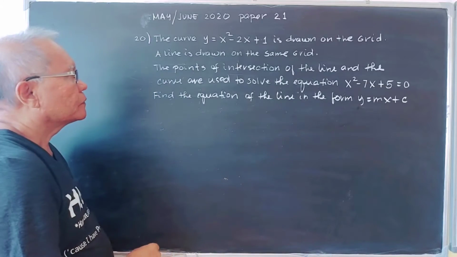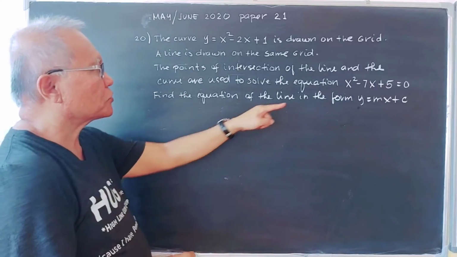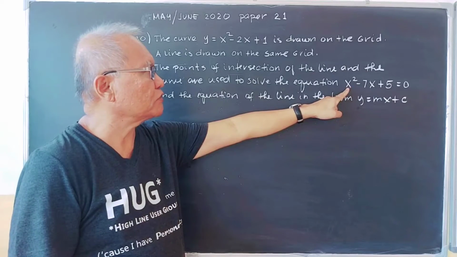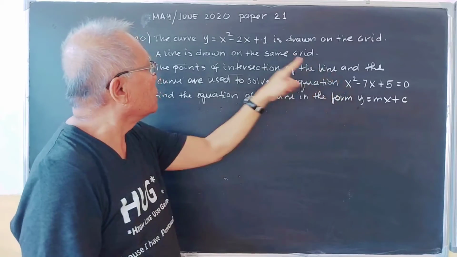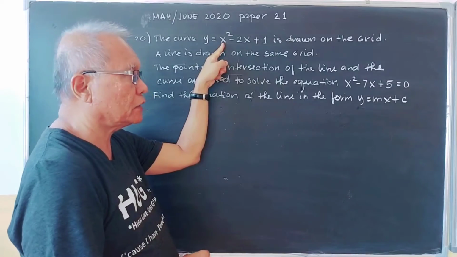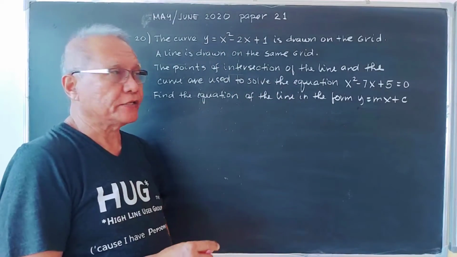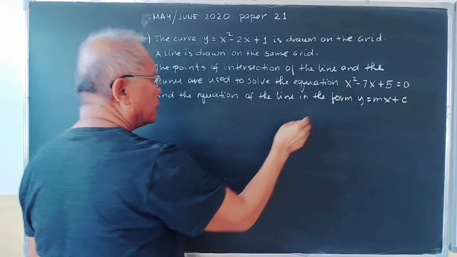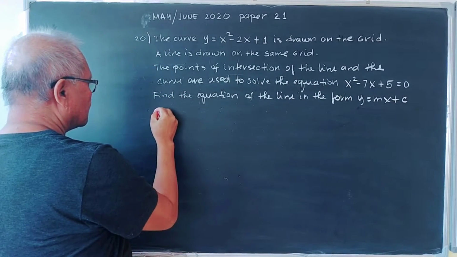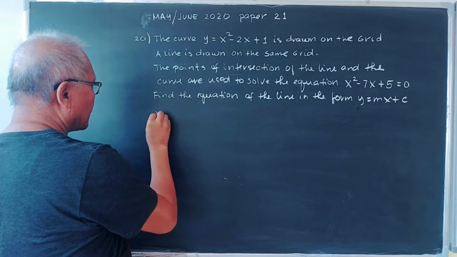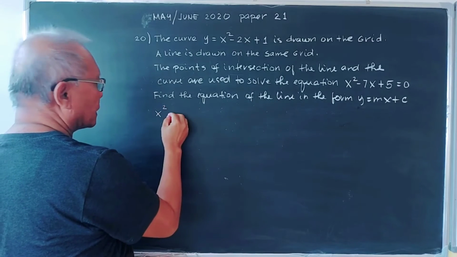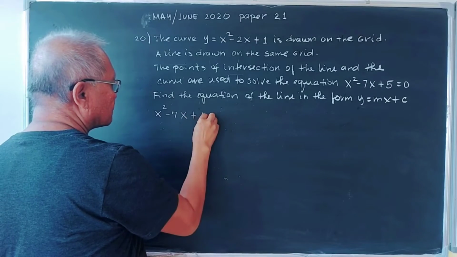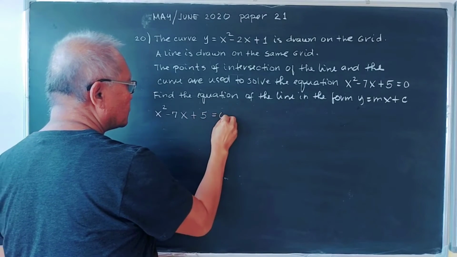So here, class, we are going to solve for x squared and substitute the value of x squared here to form our linear equation. So let us solve the x squared here. So x squared, and to write again, minus 7x plus 5 is equal to 0.